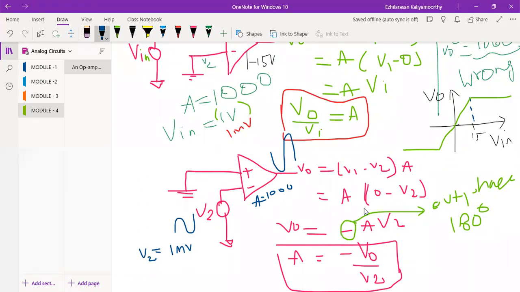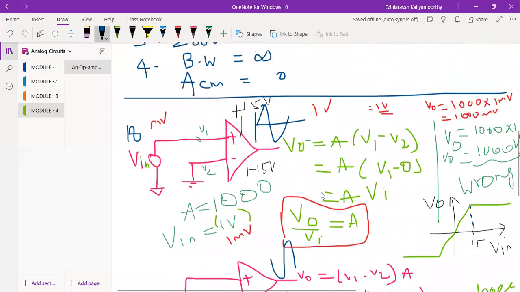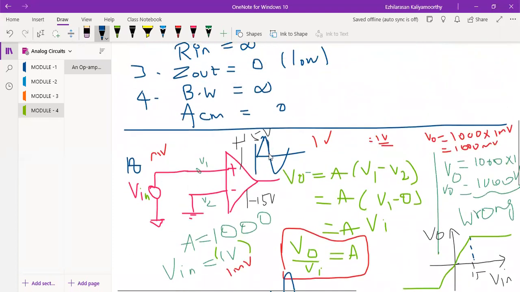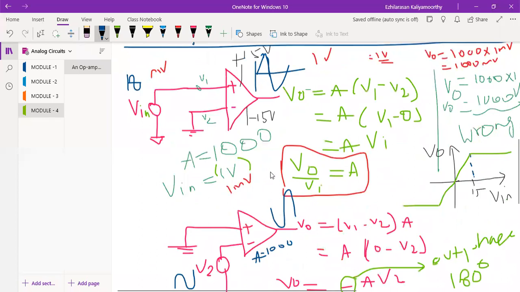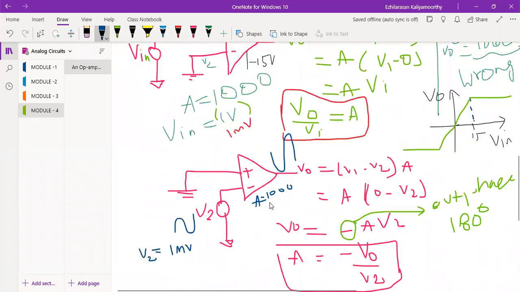So V0 will be minus 1 volt. The same output as before, but inverted, because the input was given at the inverting terminal.